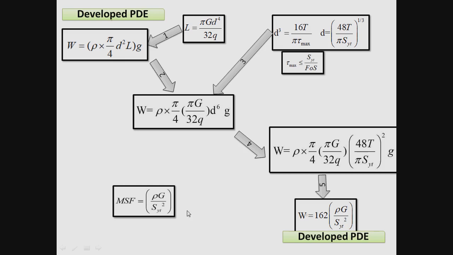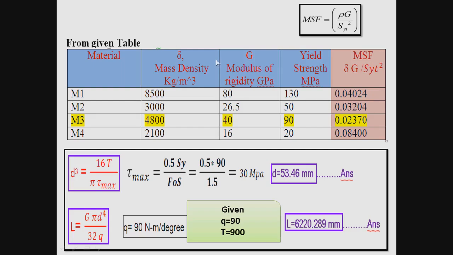So that's why these values have to be calculated for different materials, and we need to select whichever has the minimum value, the material having the minimum MSF value. This is the table given in the problem, that is material, density, G and yield strength. And next we need to add one more column here. MSF is equal to rho into G by Syt square.